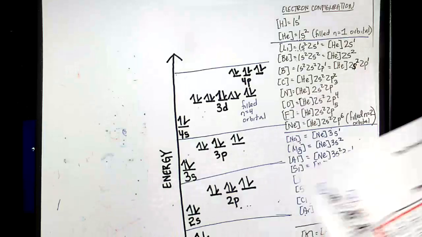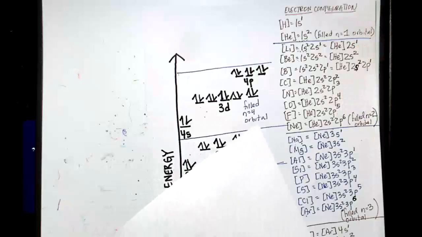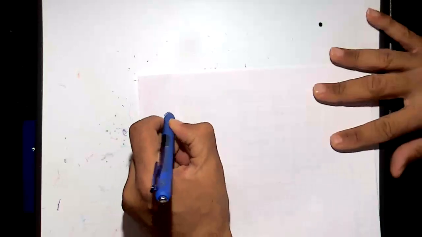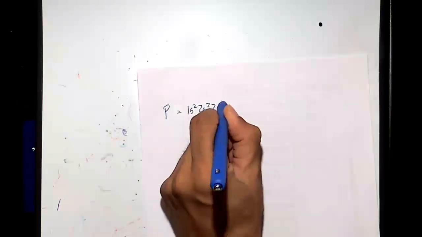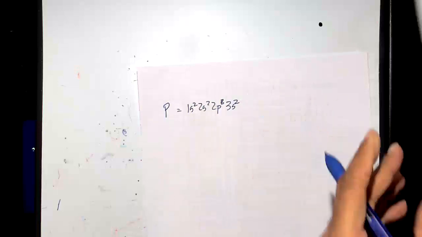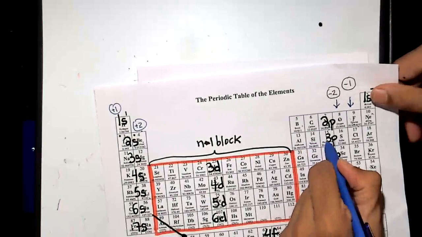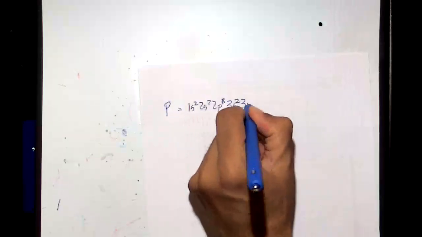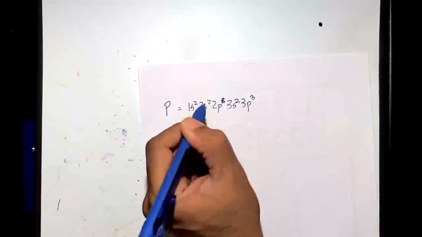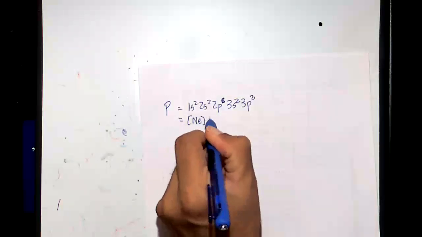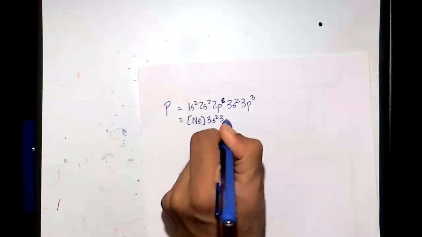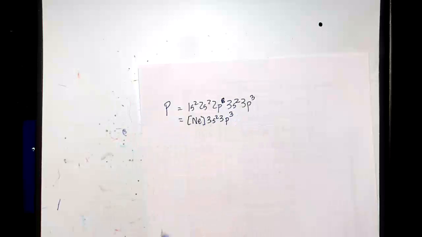It says, please write the following unabbreviated and abbreviated electron configurations for the following elements. And the first one is phosphorus. Can we do phosphorus? What's the electron configuration for phosphorus? 1s2, 2s2, 2p6, 3s2, then 3p3.